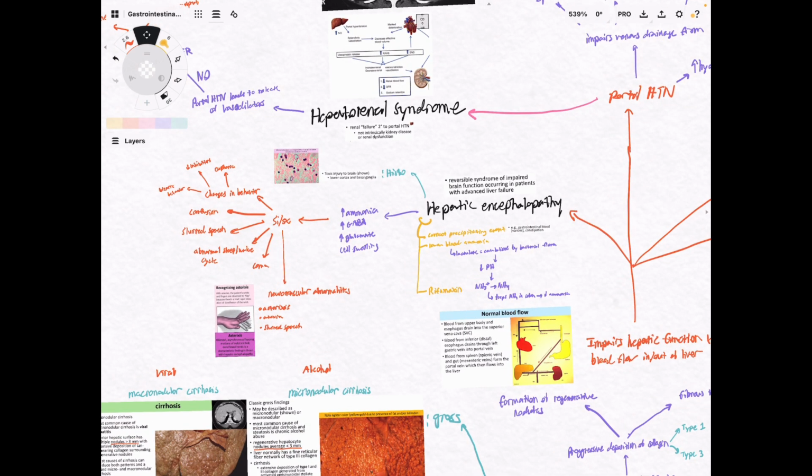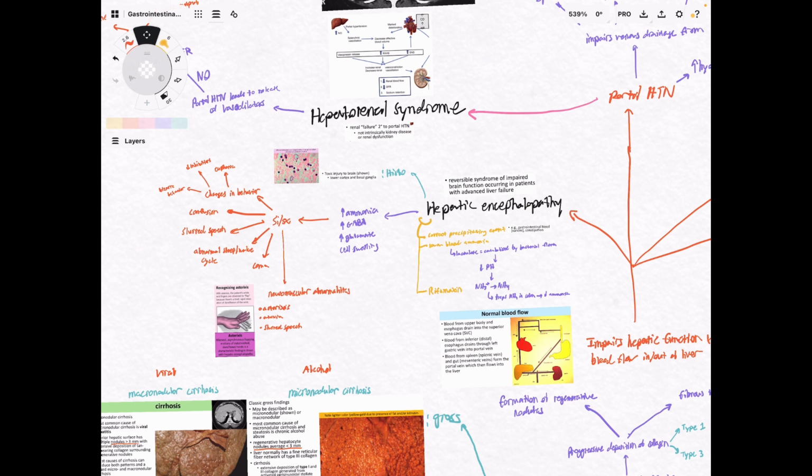So you have hepatic encephalopathy. And what hepatic encephalopathy is, the liver can't really get rid of that ammonia in the blood, because one of the liver's jobs is the urea cycle. So you have free ammonia in the blood. The liver can't get rid of it, so you're going to have increased ammonia, as well as GABA and glutamate.